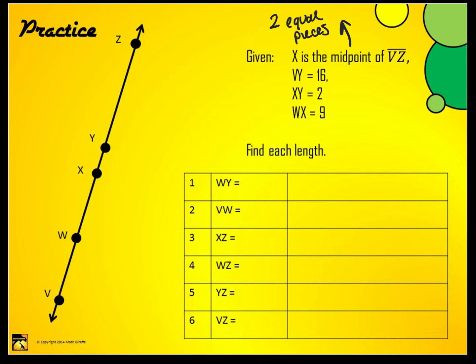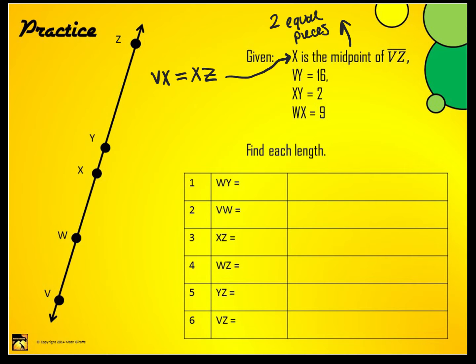So X is the midpoint of VZ. That means from X to V and from X to Z are going to be equal. So let's write that down. We know that VX is going to have to be equal to XZ, again, because X is the midpoint.